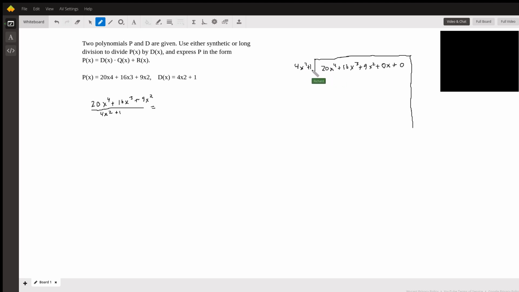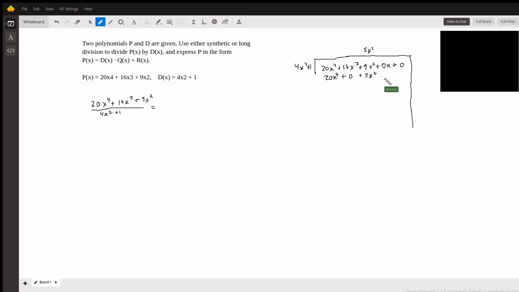Okay, so we just look at the leading term here, and you can see this would be 5x squared. So I'm going to put a 5x squared here, because when I distribute 5x squared through, I'm going to get 20x to the fourth plus 0x cubed plus 5x squared.